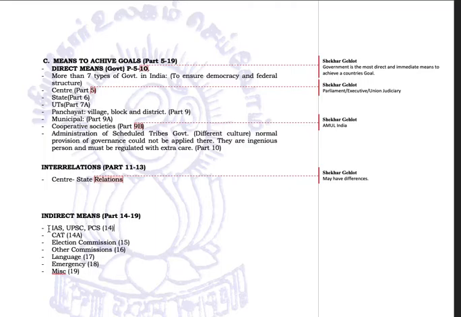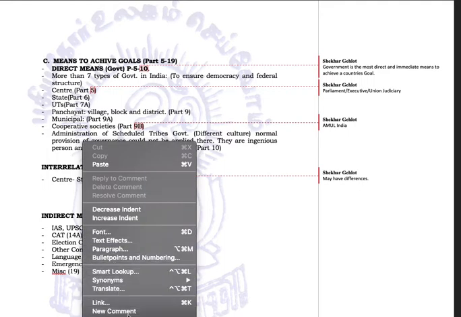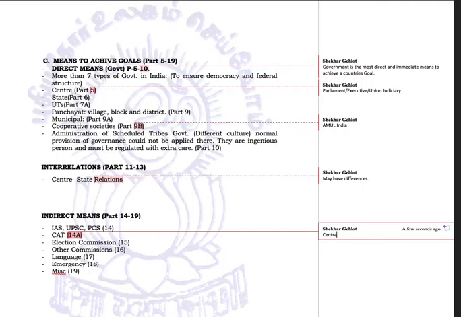Indirect means are like establishment of the Indian Administrative Services, Union Public Service Commission, Pradesh Civil Services, which is Article 14, CAT, that is Central Administrative Tribunal, election commissions for conduct of free and fair elections, and other commissions like scheduled caste commissions, scheduled tribe commissions, backward communities commissions, women commission, and national human rights commission.